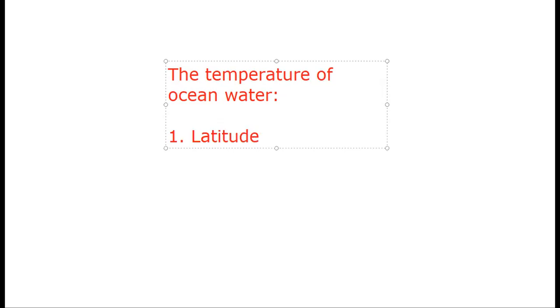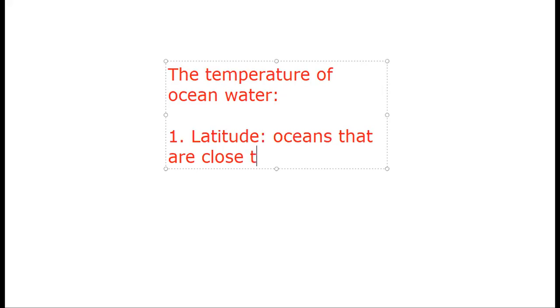What is the latitude? To understand, the latitude is the location, like where the ocean is. Water, oceans that are close to the equator. I just want to explain for you.